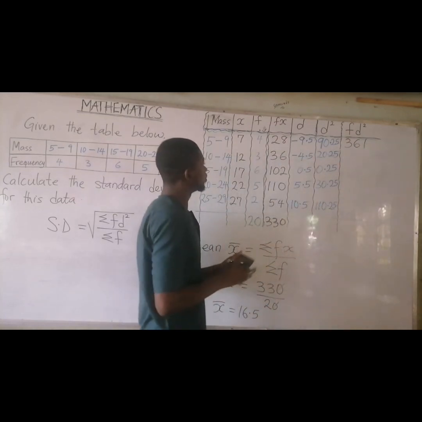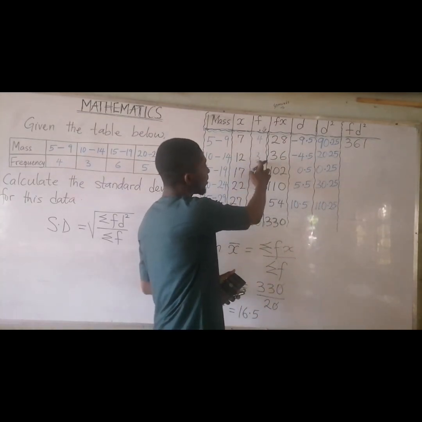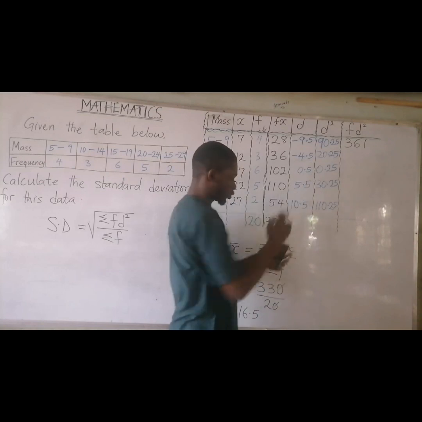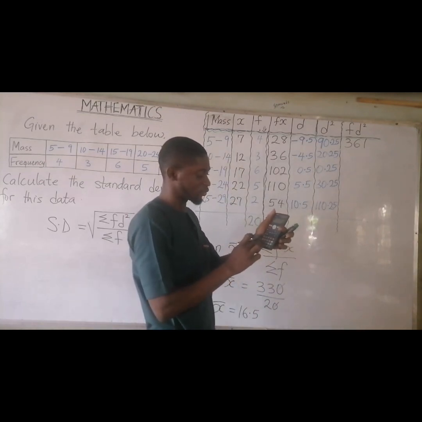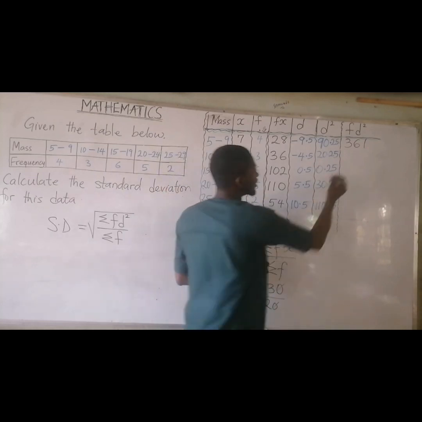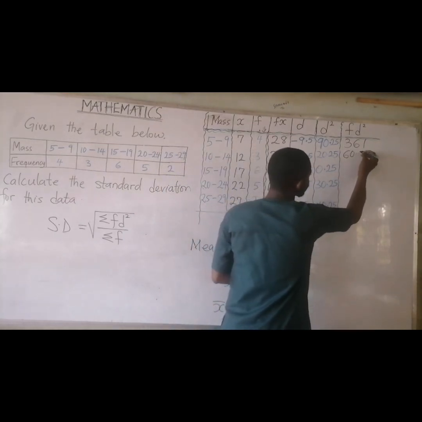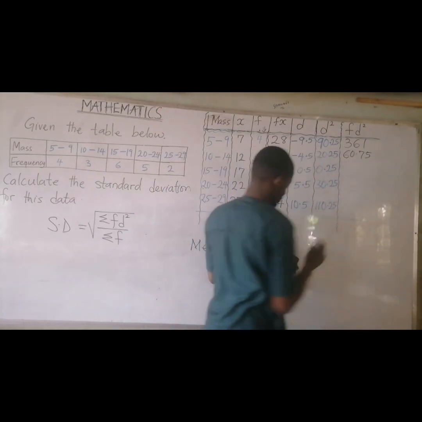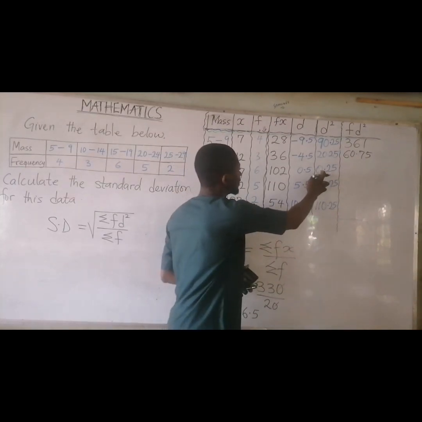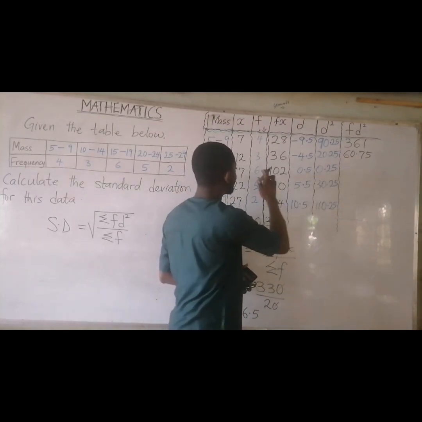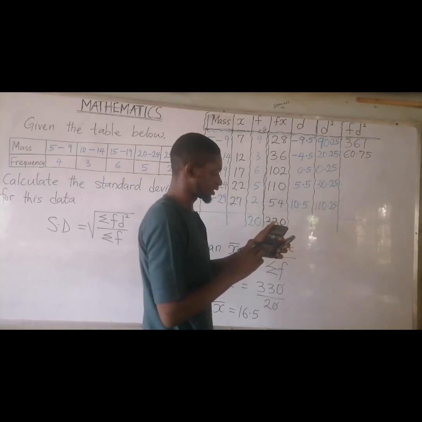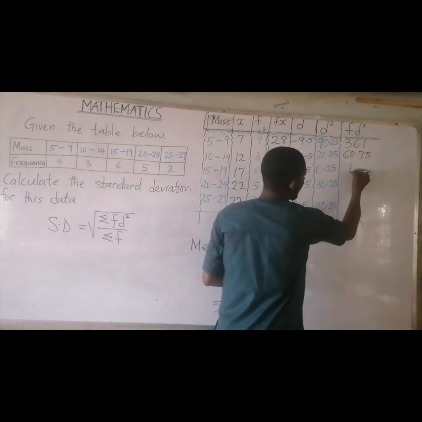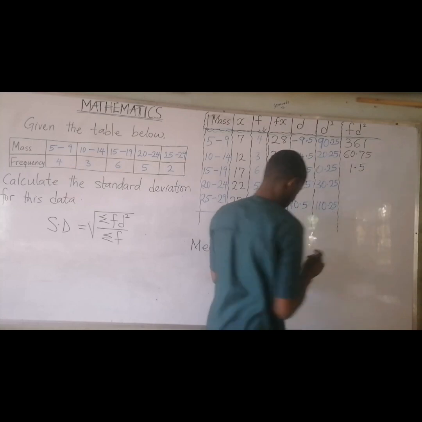That gives us 361. Do the same: 3 multiplied by 20.25 gives us 60.75. When we multiply 0.25 by 6, that gives us 1.5.